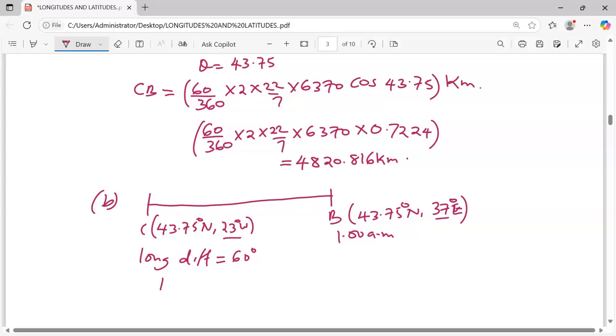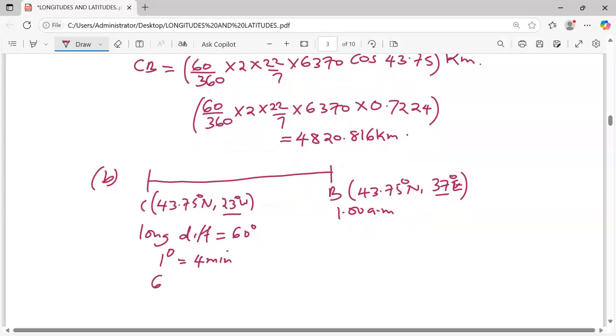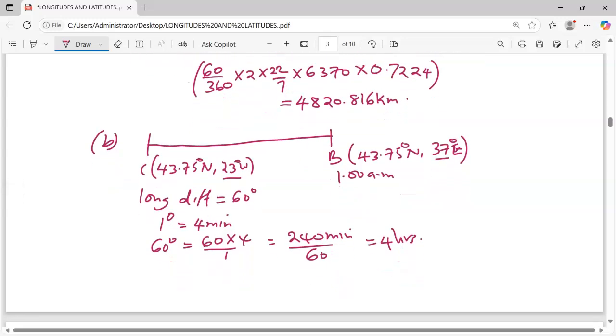And we know for every 1 degree, the Earth rotates or takes 4 minutes. What about the 60 degrees? This one is going to be 60 times 4, divided by 1, giving us 240 minutes. If you divide this by 60, we are going to get a difference of 4 hours. In this case, to get the local time at C, since it is behind, we are going to subtract the 4 hours.